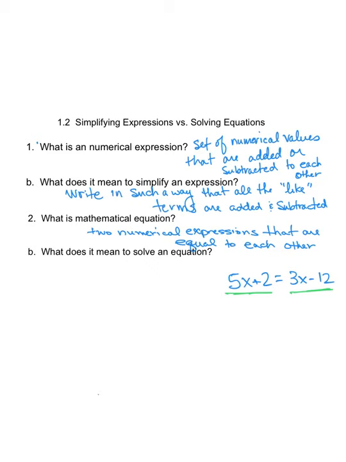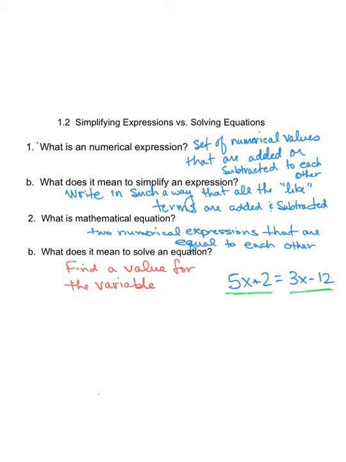Hold on, let's write this down. Find a value for, I'm going to write the variable. Now, what do you know about that value? It gets both sides to equal the same thing. Oh, so that both sides have the same value.